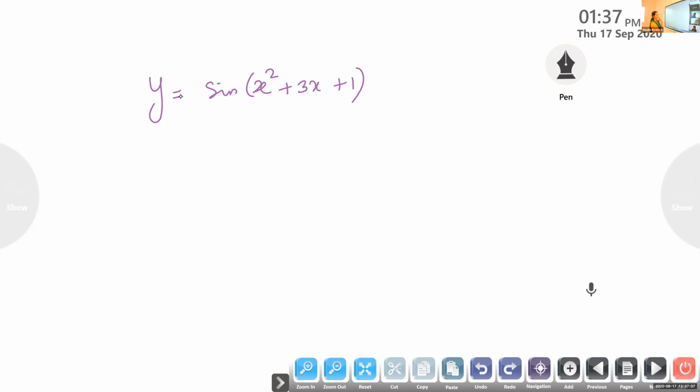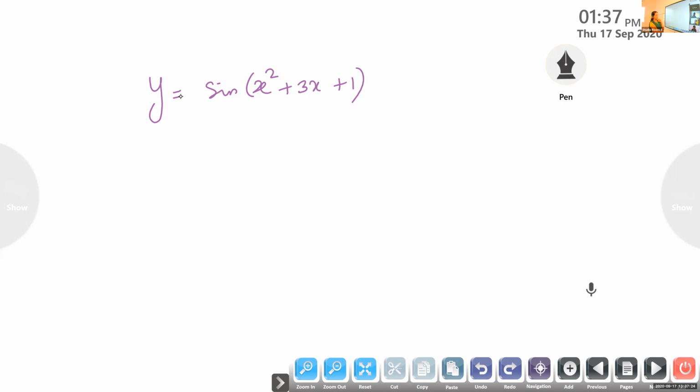Are you ready? Sine of x square plus 3x plus 1. What is the answer? Krishna Chandran, what is the answer?